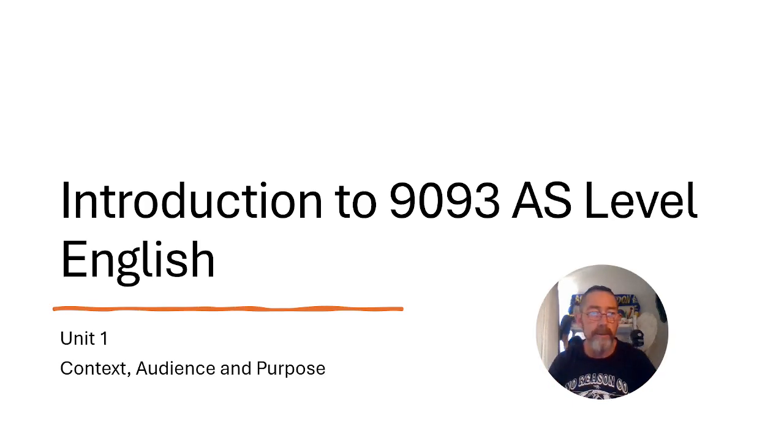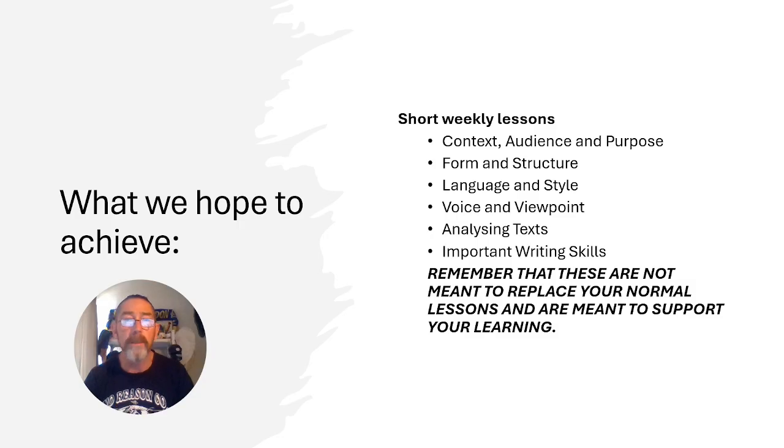So what I've decided to do is a series of videos that you can get every week if you're subscribed. It's going to be an introduction to the 9093 AS level English, and we're going to start with Unit 1, focusing on context, audience, and purpose.